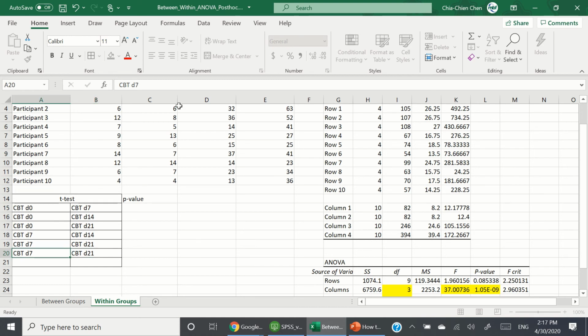All right, so we should get 6 comparisons. So this is all possible pairwise t-tests.